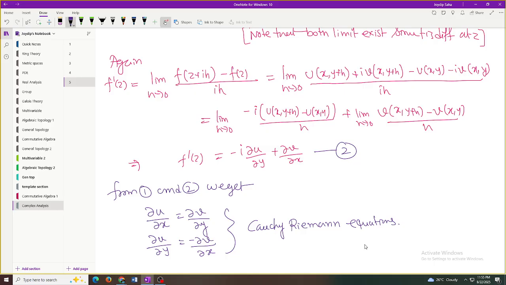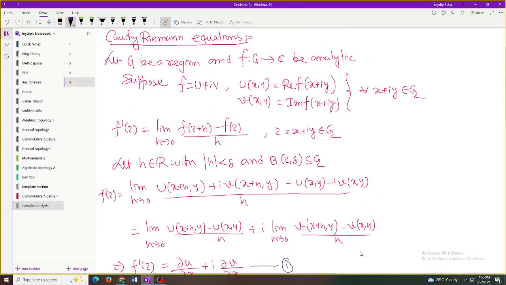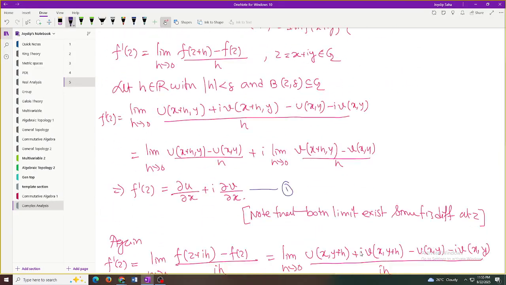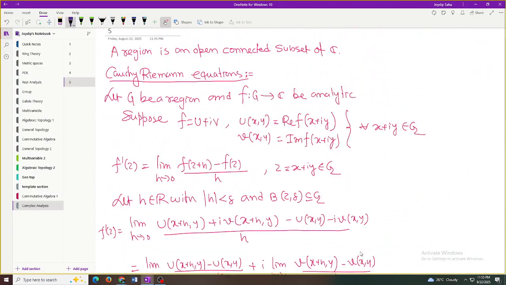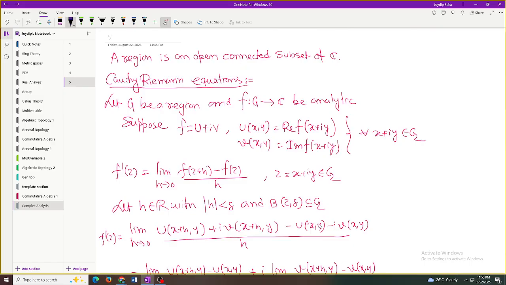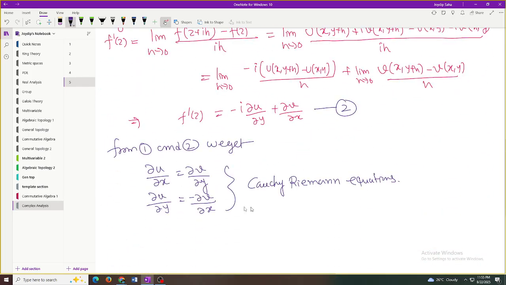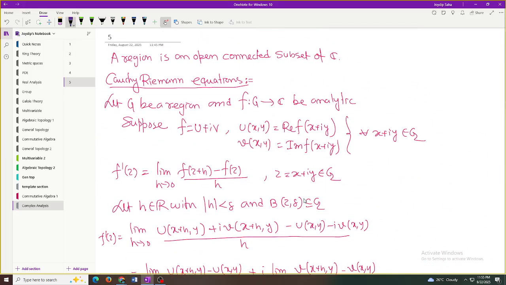The converse part is also true, but it is very long. If you have any question, please tell me. So if it is analytic on a region, then it will satisfy the Cauchy-Riemann equations.